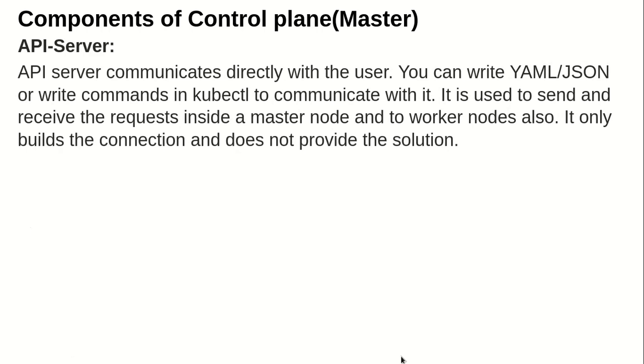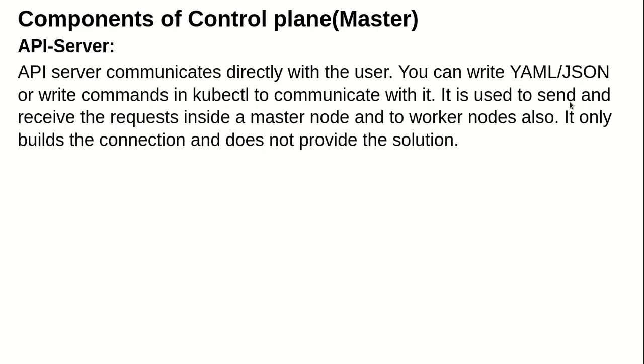Alright. Some of the components of the master node, or the control plane: the first component is the API server. The API server communicates directly with the user. You can write a YAML or JSON file, or write commands in kubectl, to communicate with it. Either way, it will run and transfer the data with the help of the API server.